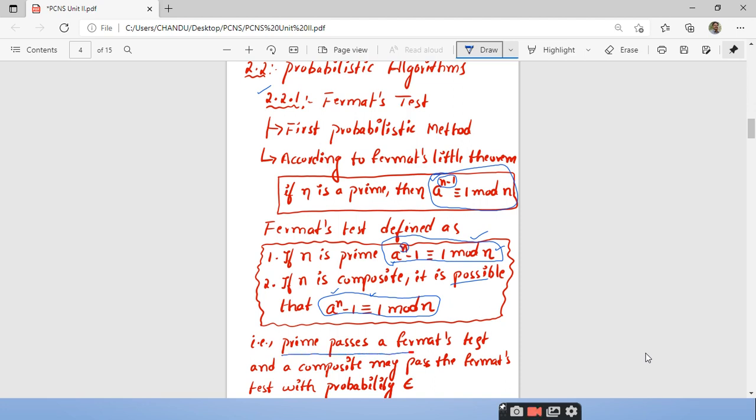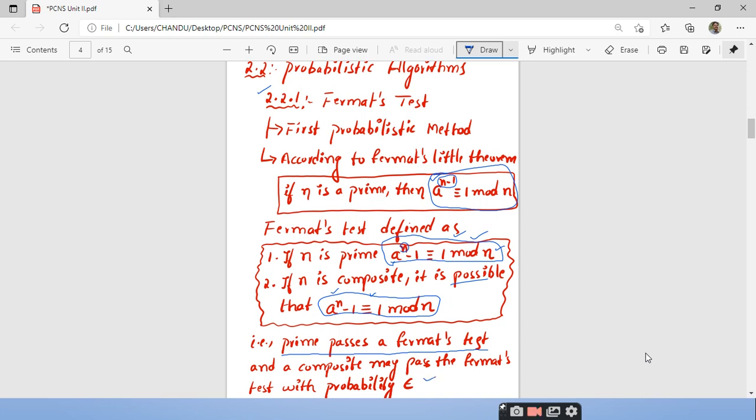So that is what we are saying: a prime number passes the Fermat's test. Definitely it will pass. Passing a test is nothing but this one only: this particular formula holds. That is nothing but Fermat's test. So a power n minus 1 congruent to 1 mod n is the Fermat test. This will definitely hold if the given number is prime. But if the given number is composite, it may pass the Fermat's test with a probability of epsilon.